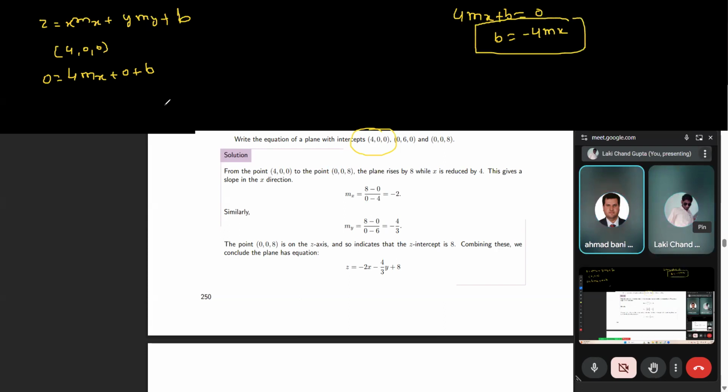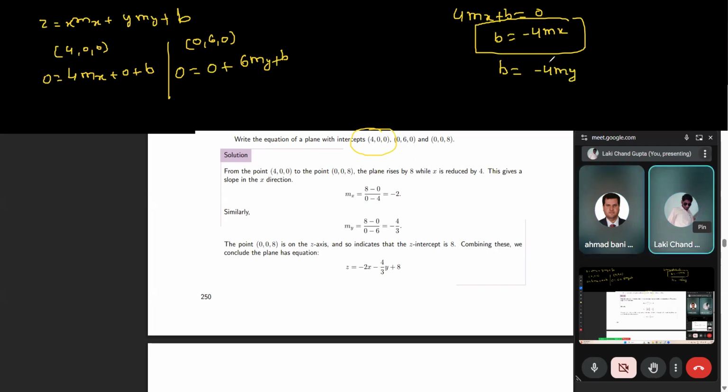Right? Now put the second point. Z is 0, x is 0, y is 6. Right? From here you get 6 times.